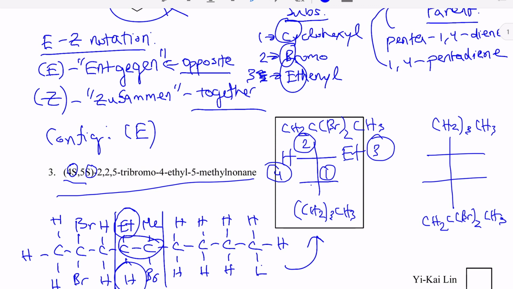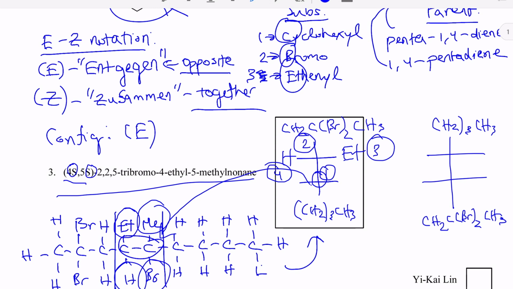When we look at the right end of the molecule, everything after the stereocenter, so this portion, we see that this carbon is attached to a methyl group and a bromo group.